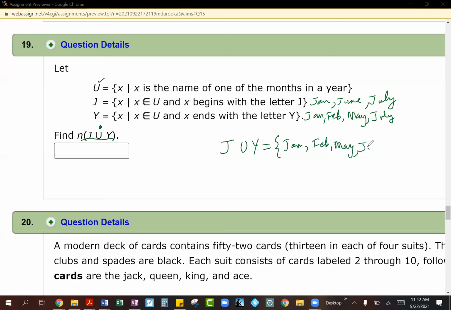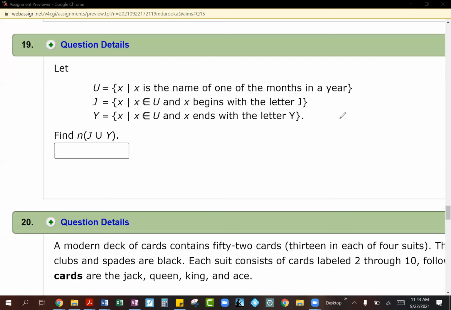So some of these may seem abstract in a way because they're not giving you the actual definition of the set. But if you read the instructions and break it down, you will see a lot of information is available. Number 15 is a little bit different because it's more of a conceptual problem, where you have to think about the concepts and not so much about doing the math.